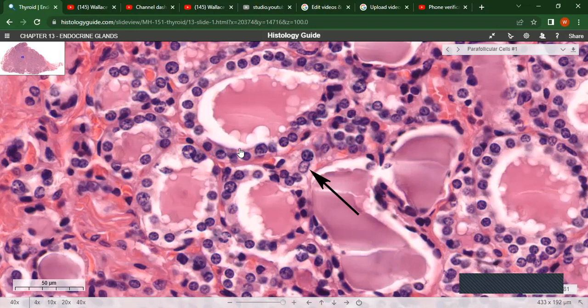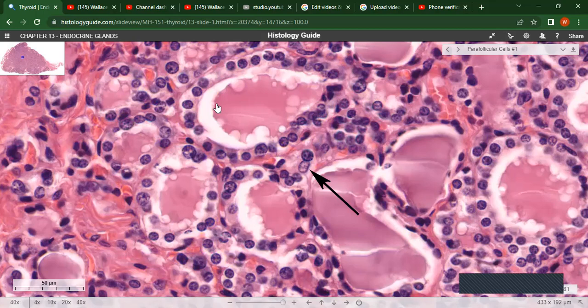But also remember, thyroid stimulating hormone is produced under the influence of the thyrotropin releasing hormone, which is produced by the hypothalamus.